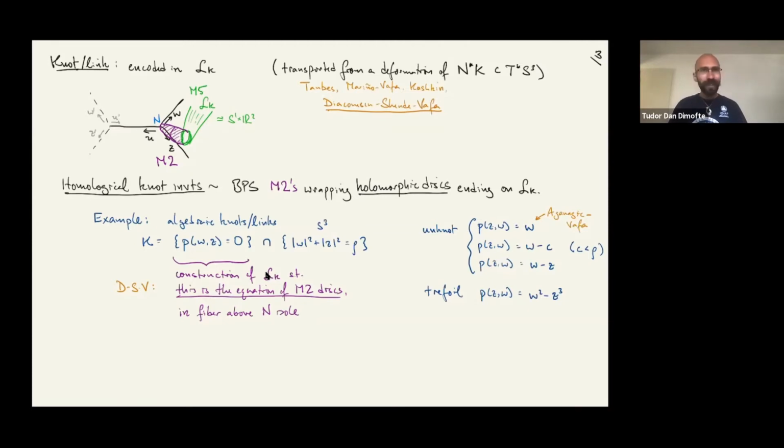And I wrote Aganagic-Vafa next to that because Aganagic and Vafa wrote down a famous family of toric Lagrangians in the resolved conifold, and it's one of those Lagrangians that are relevant for this case. But there are several other ways of representing the unknot. And if you want the trefoil, you can take the polynomial W squared minus Z cubed, for example. But there are multiple ways of representing any knot like this, any algebraic knot like this.